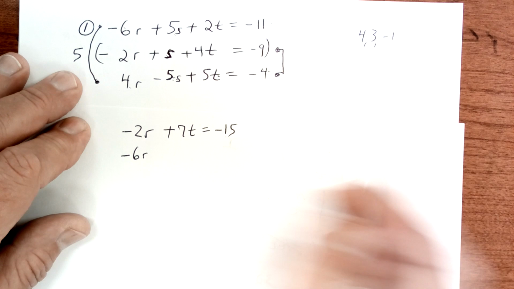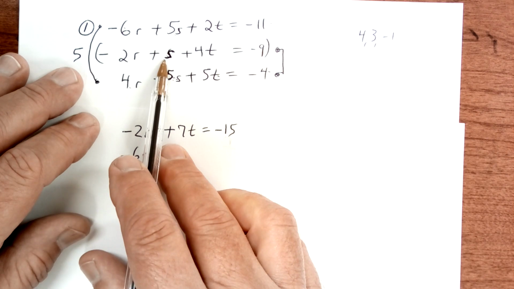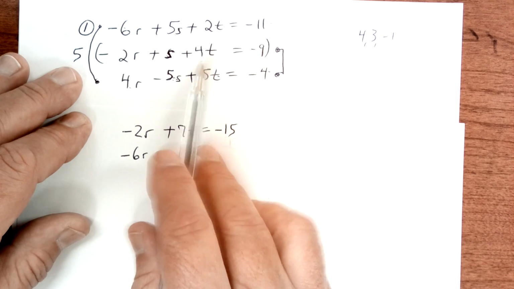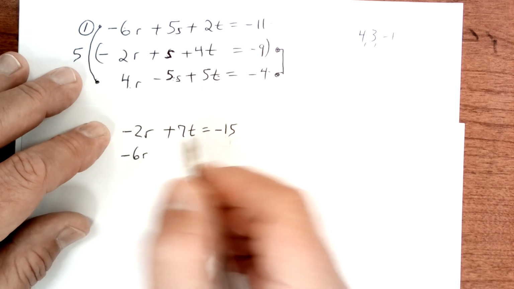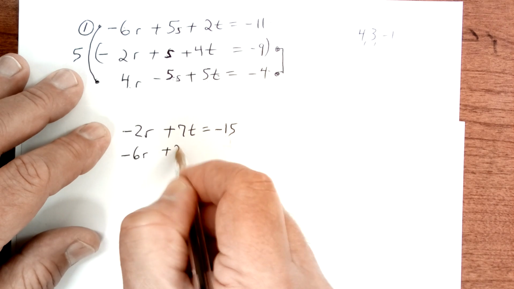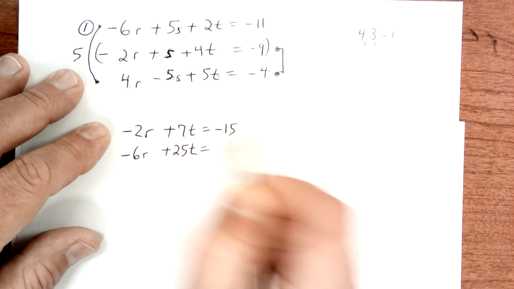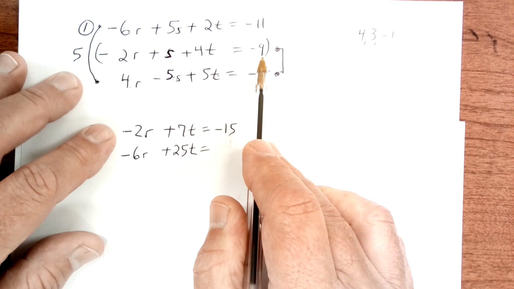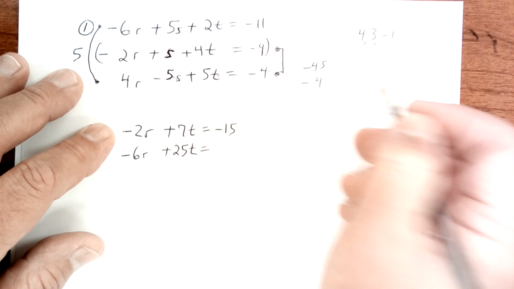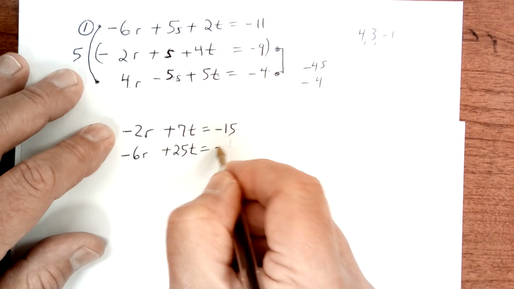This is going to give me a plus 5 and a minus 5, that cancels. This gives me a negative 20 plus 5, or rather a positive 20 plus 5 is going to be 25t. And then this times this is going to give me a negative 45, and then minus 4 is going to give me a negative 49. I think that should work.